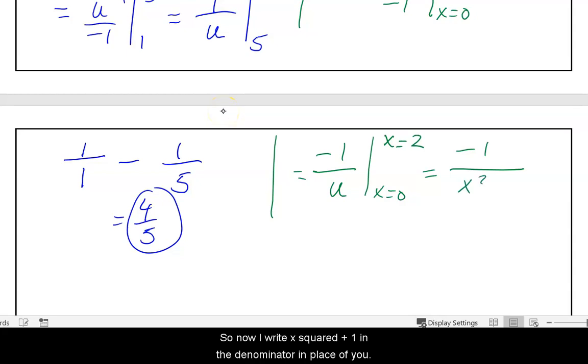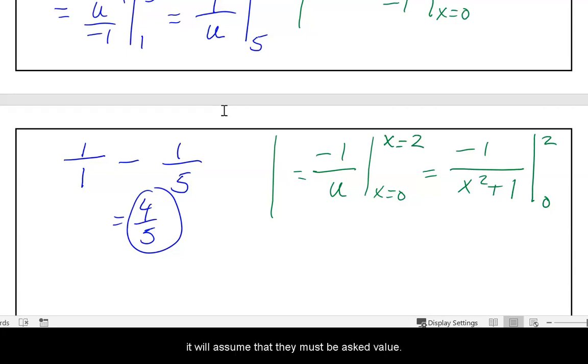So now I write x squared plus 1 in the denominator in place of u, and notice that I no longer need to write x equals 0 and x equals 2 because I've gone back to the original variable x. It's okay now just to write 0 and 2, since everyone looking at it will assume that they must be x values.